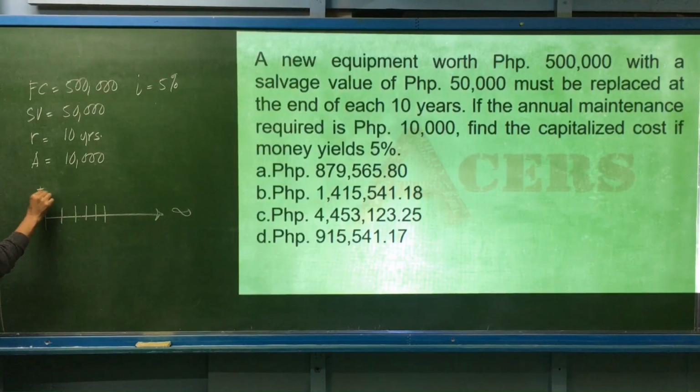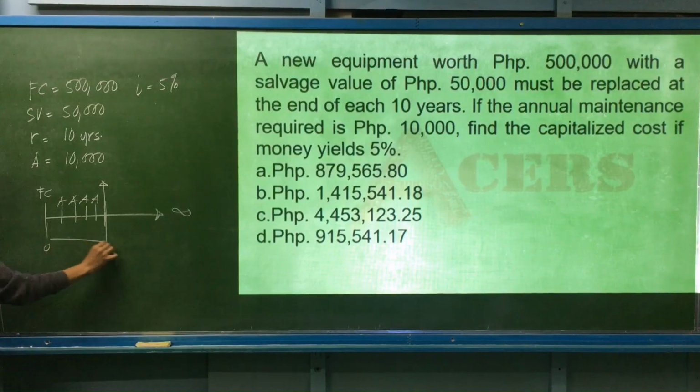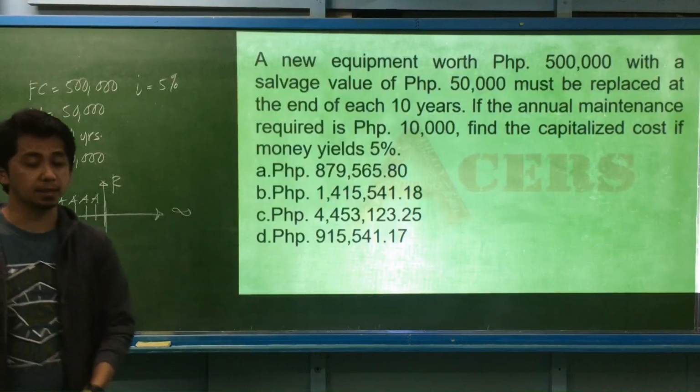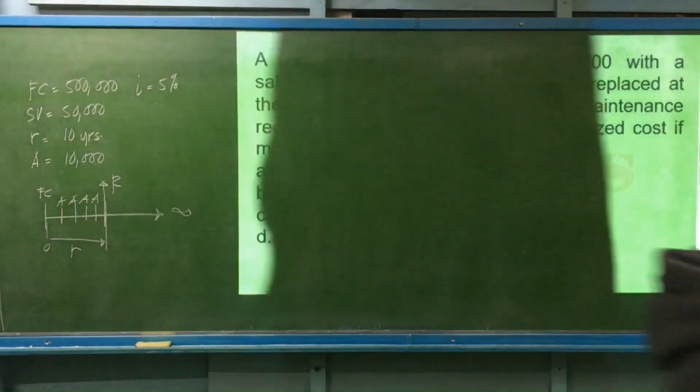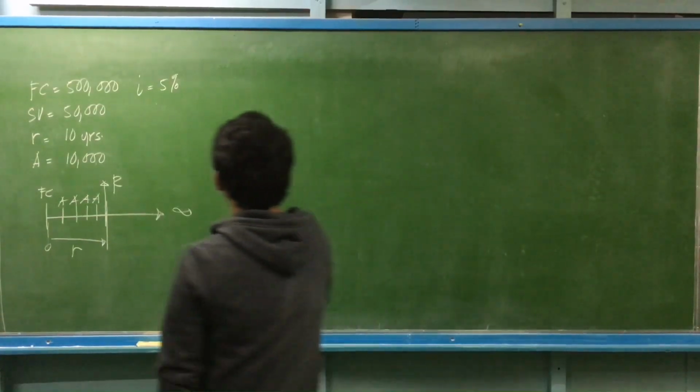So let's say, dito yung ating first cost, yung annual maintenance. Then after, let's say, after our year, kailangan mo ng additional value R to buy a new one, para makabili ka ng panibago. So how to compute for the capitalized cost? Okay, so capitalized cost.